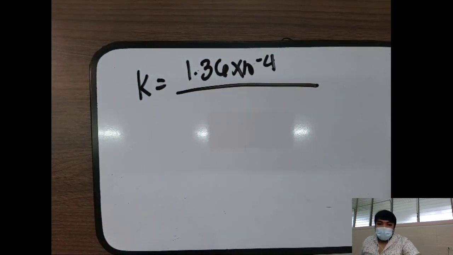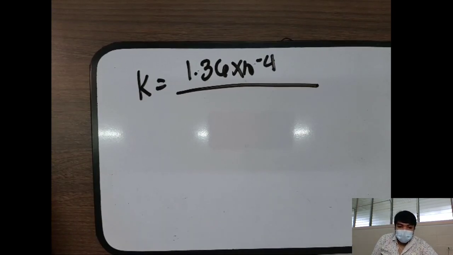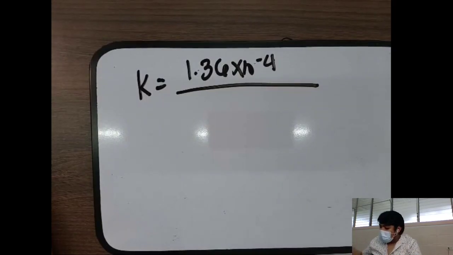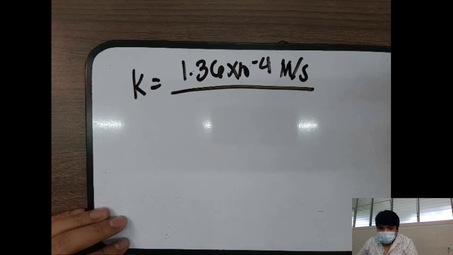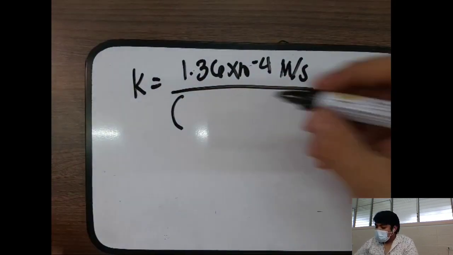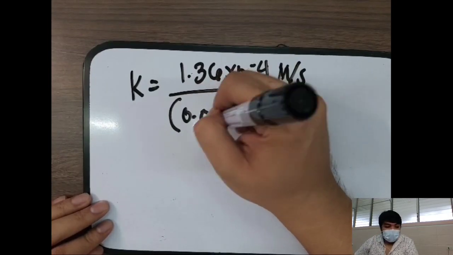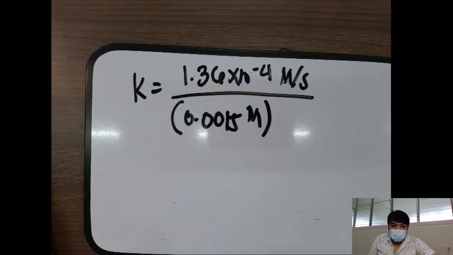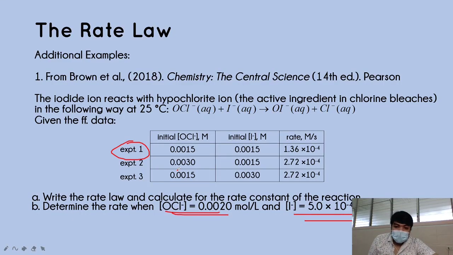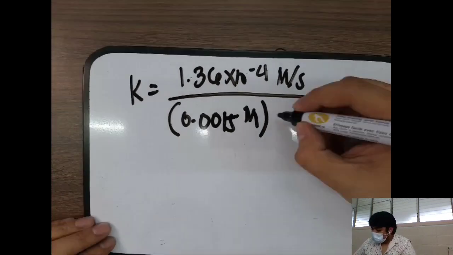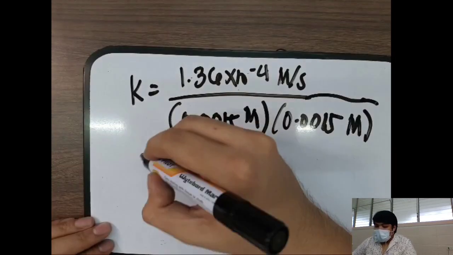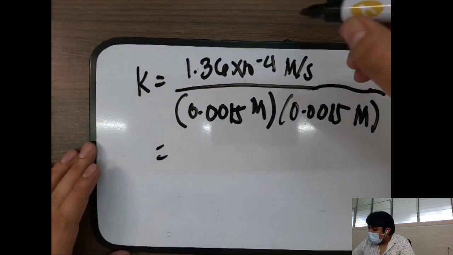If you see the experiment 1 data here, it's 1.36 times 10 to the negative 4. The unit is molar per second. And for hypochlorite, it's 0.0015 molar. And for iodide, it's also 0.0015 molar, if you can see. So therefore, the rate constant is, we cancel out all our values.